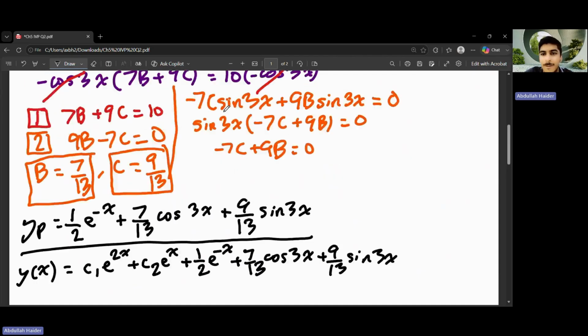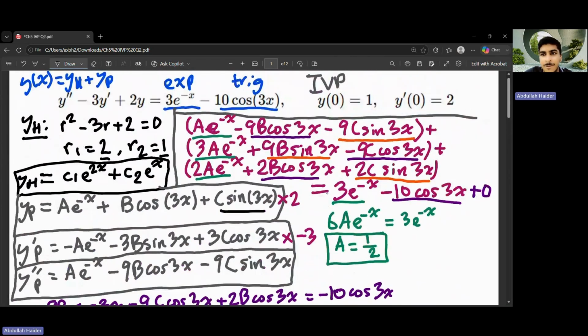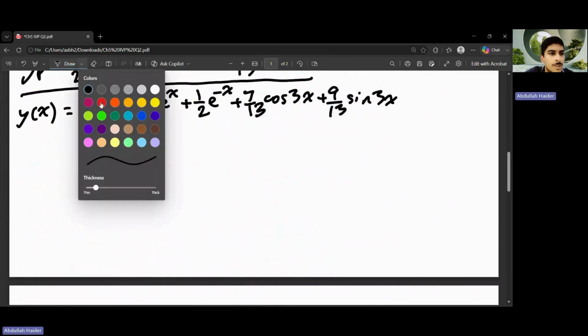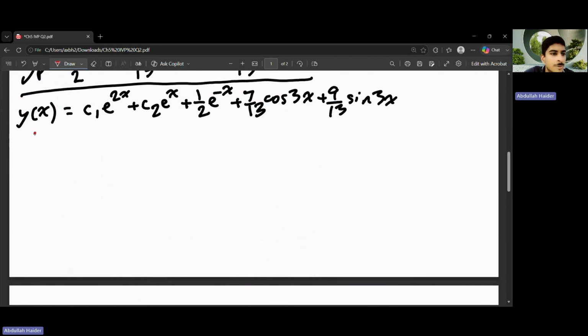Now, since this is an initial value problem, we have to substitute y(0) is equal to 1. So 1 is equal to, when you substitute 0 here, this becomes 1, this becomes a 1, this becomes a 1, this also becomes a 1, and this becomes a 0.